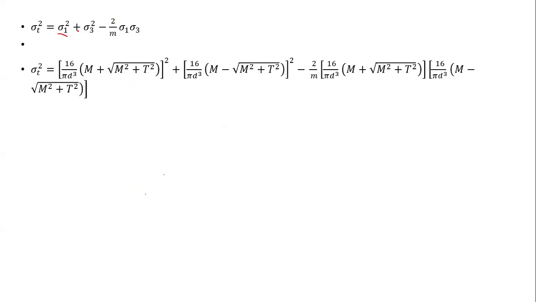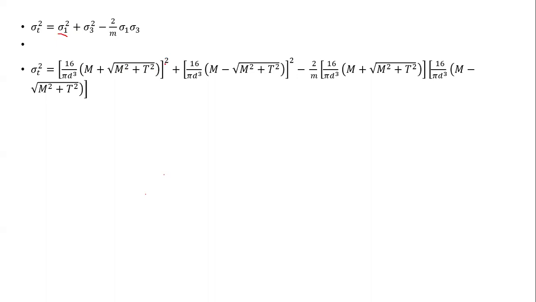Stress 1, we said it is 16 divided by pi d cubed. Then in the brackets, I have m plus square root of m squared plus t squared. Now remember, stress 1 was carrying power 2. And everything we've written here is representing stress 1.